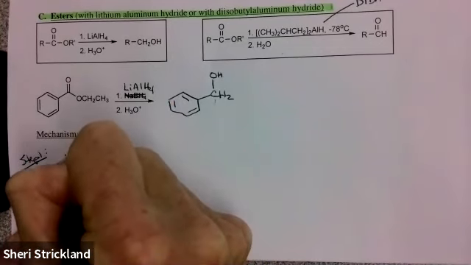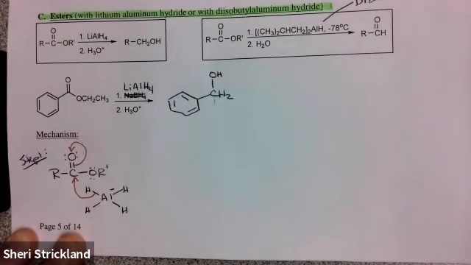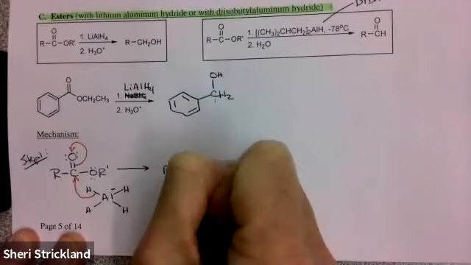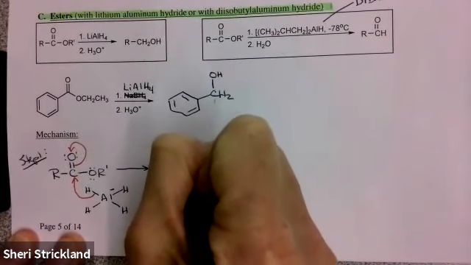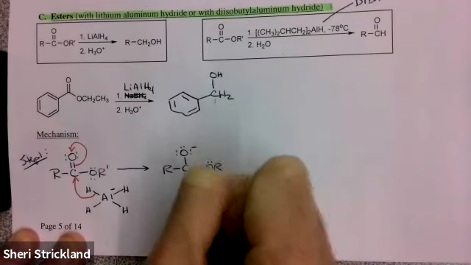Same kind of thing, transfer of one of these hydrogens with its electrons to the carbonyl carbon gets you to here. That gives us a tetrahedral intermediate with a negative charge on the oxygen. We're in a very basic medium.